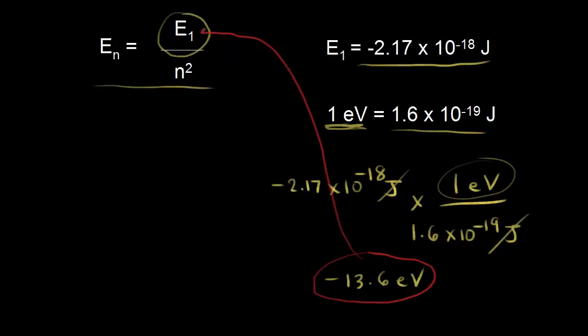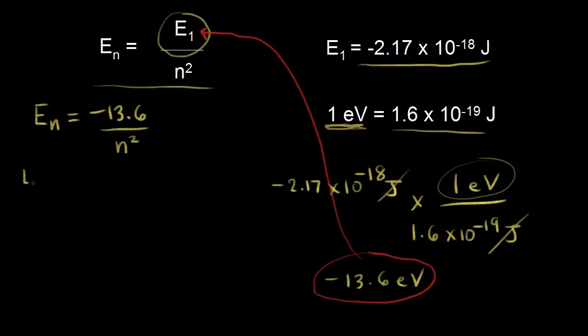And so I plug that back into my equation here, and so I can just rewrite it. So this means the energy at any energy level n is equal to E1, which is negative 13.6 electron volts, and we divide that by n squared, where n is an integer, so 1, 2, 3, and so on.